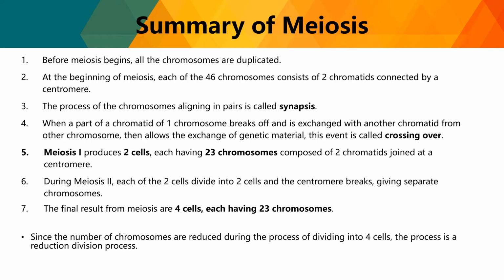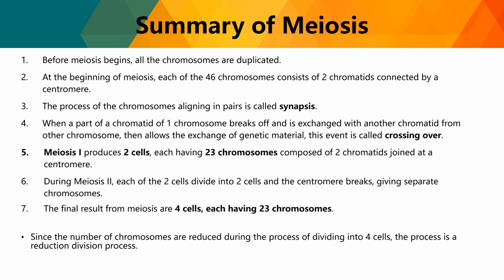When a part of the chromatid breaks off from its partner and joins the other chromosome of the pair, it allows the exchange of genetic material, and we call that crossing over. So meiosis 1 produces two cells, each having 23 chromosomes composed of two chromatids joined at the centromere.